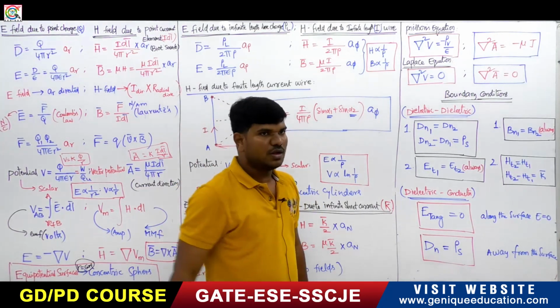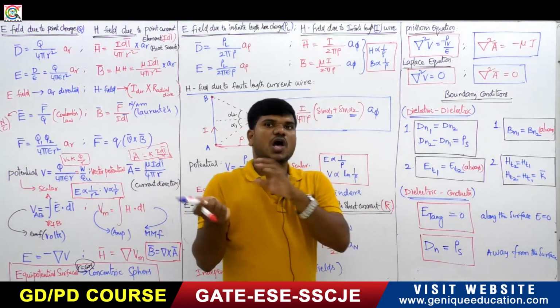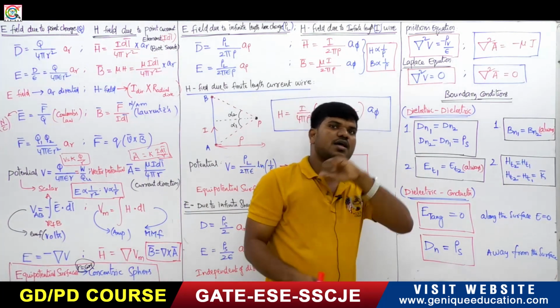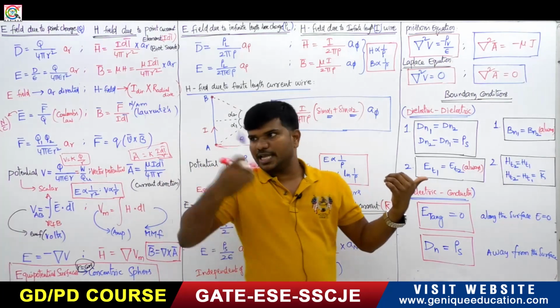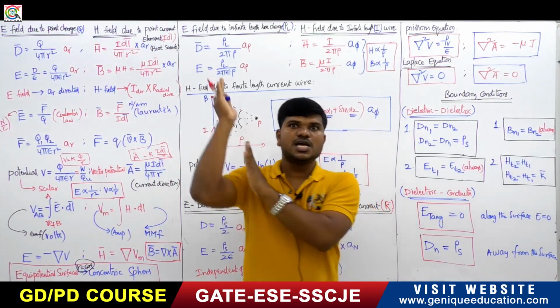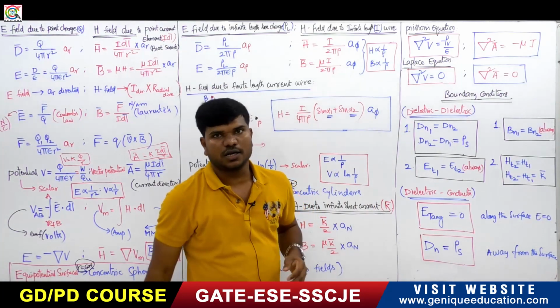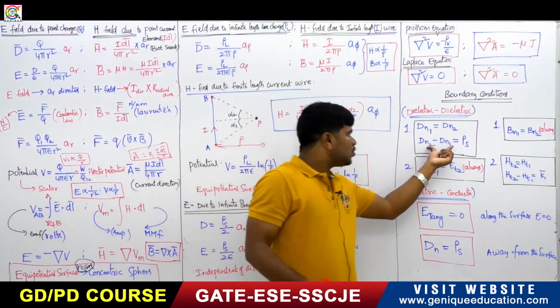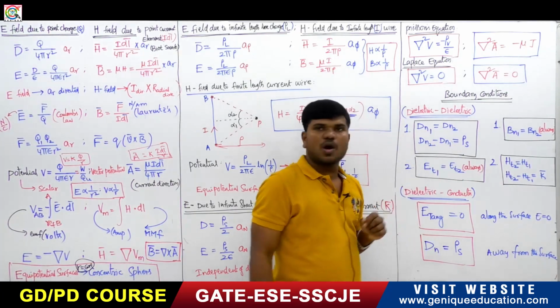That is the point you have to understand. When asked for the field in the other medium given the field in one medium, we have to focus on whether a sheet charge is there at the boundary or not. If the sheet charge is there, we have to use this relation for the normal component of the electric flux densities.